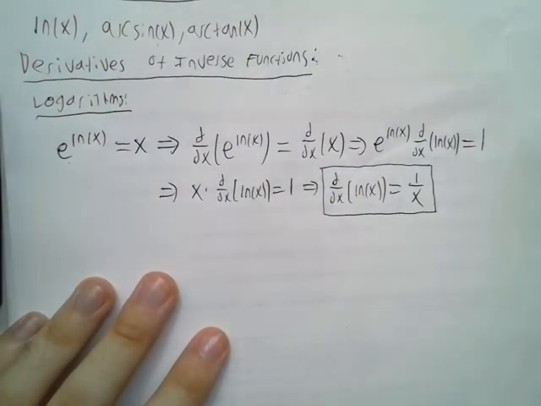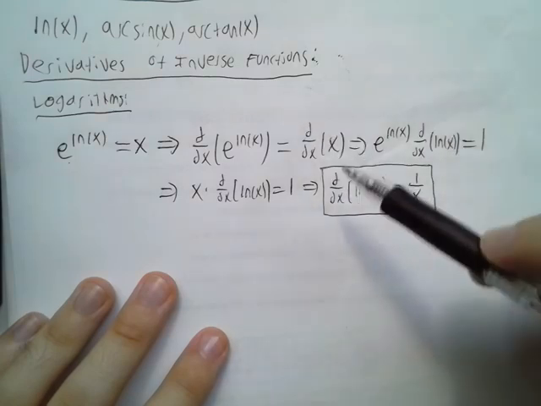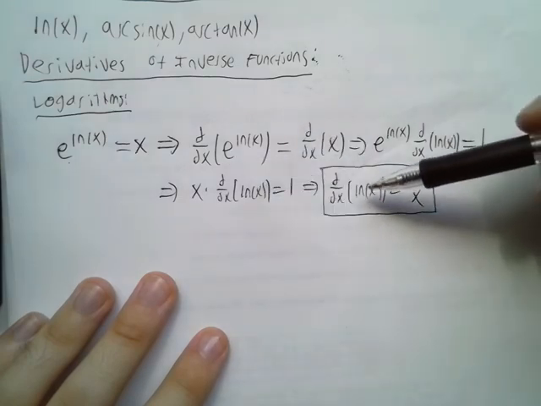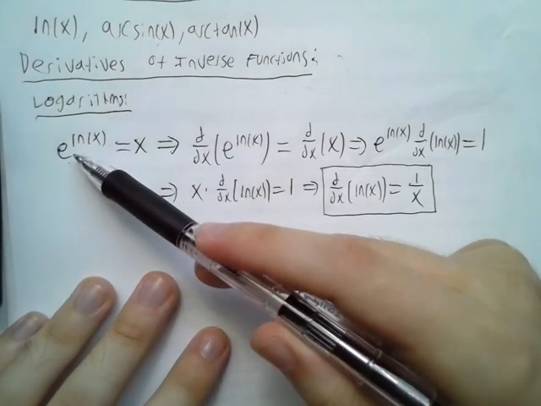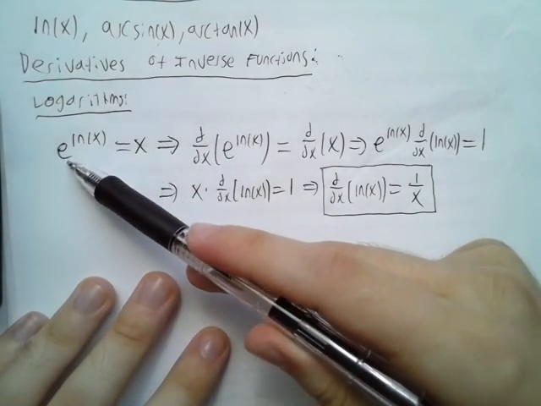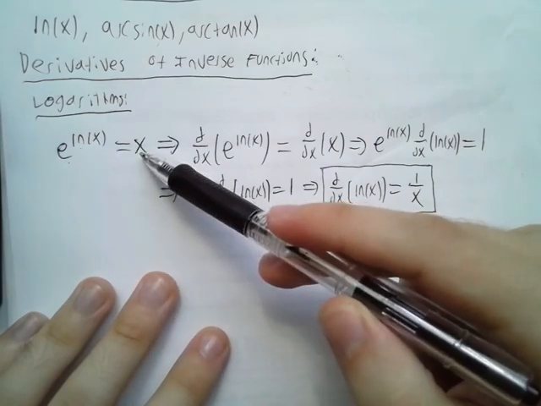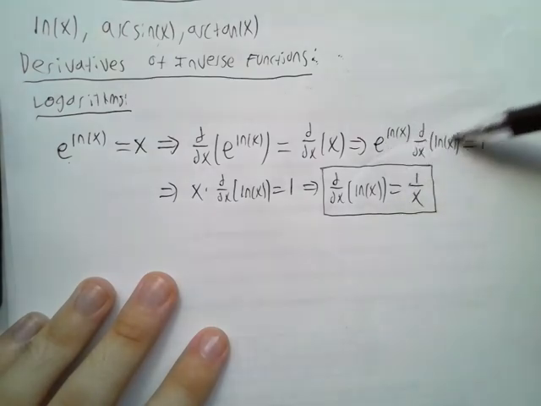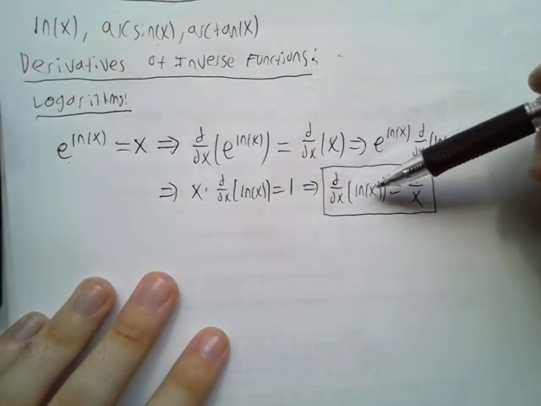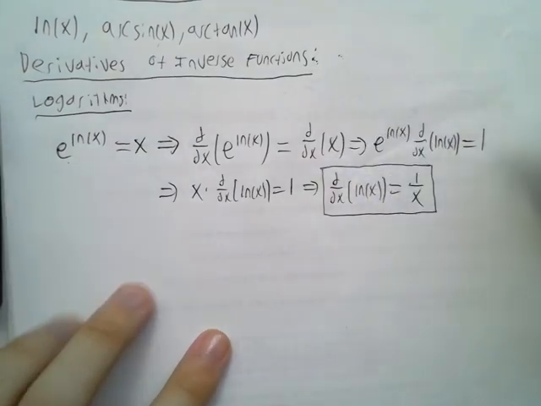So even though we weren't able to get at the derivative of log of x directly, by using this trick of writing that the function applied to the inverse function is just equal to x, and then differentiating both sides of the equation and applying rules that we do know, we're able to solve for what the derivative of log of x is.